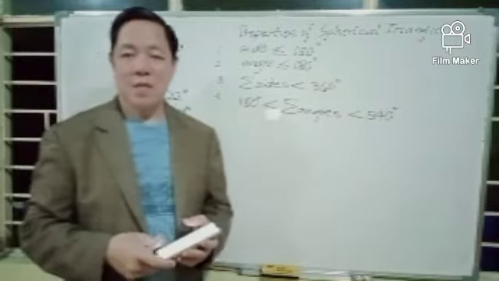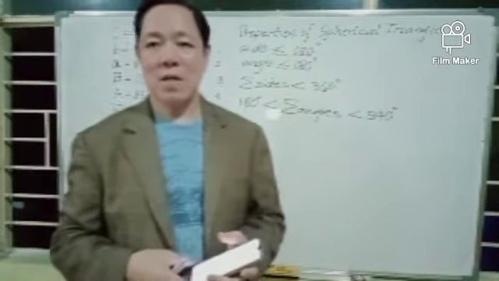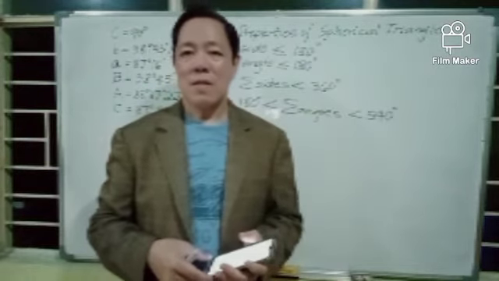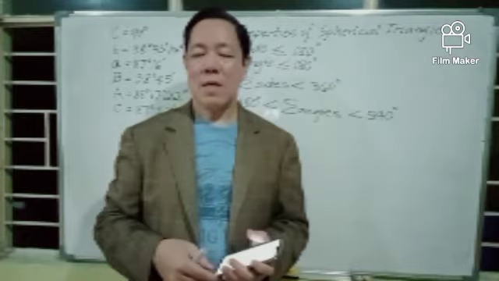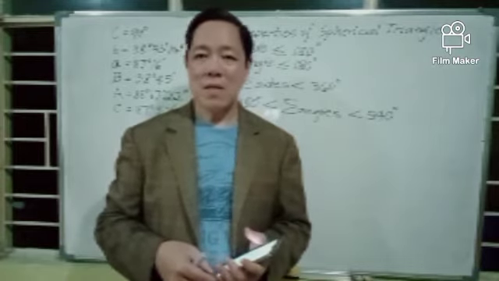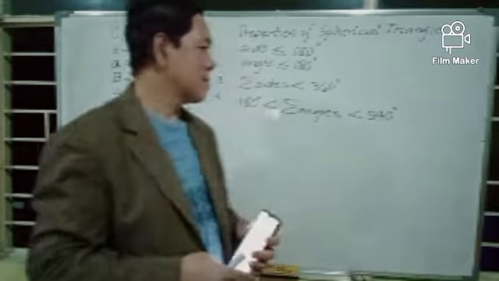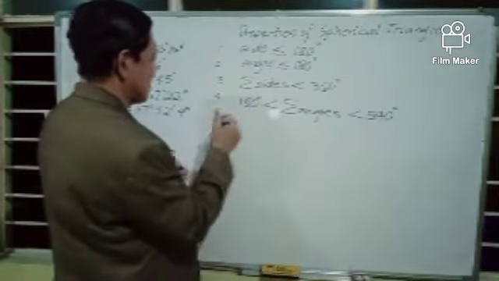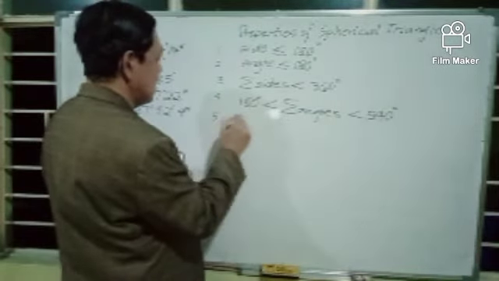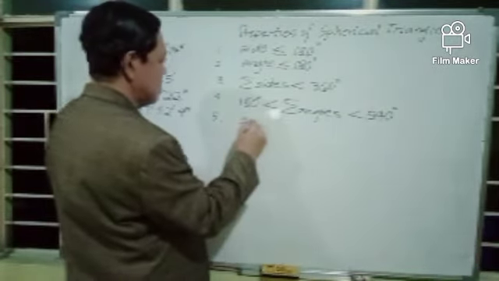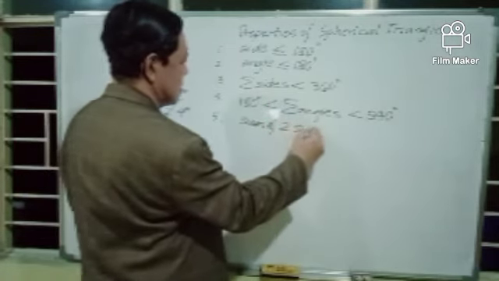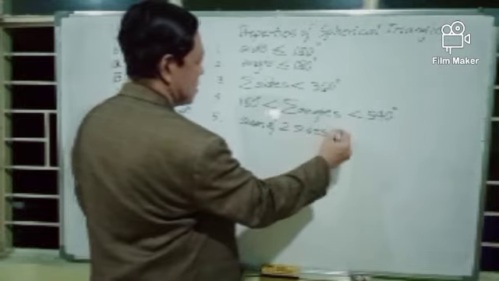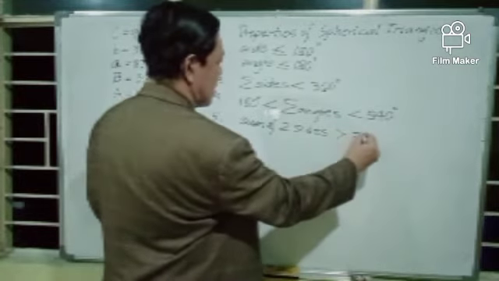The fifth property of spherical triangle is that the sum of any two sides is always greater than the third side. We write: the sum of two sides is greater than the third side.